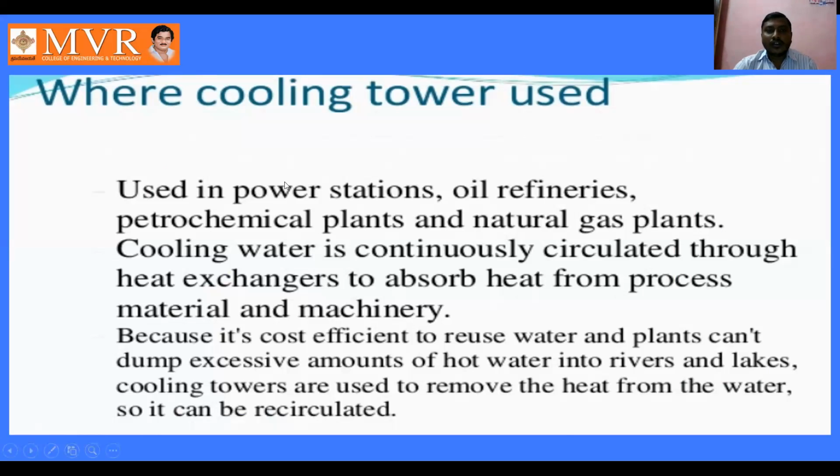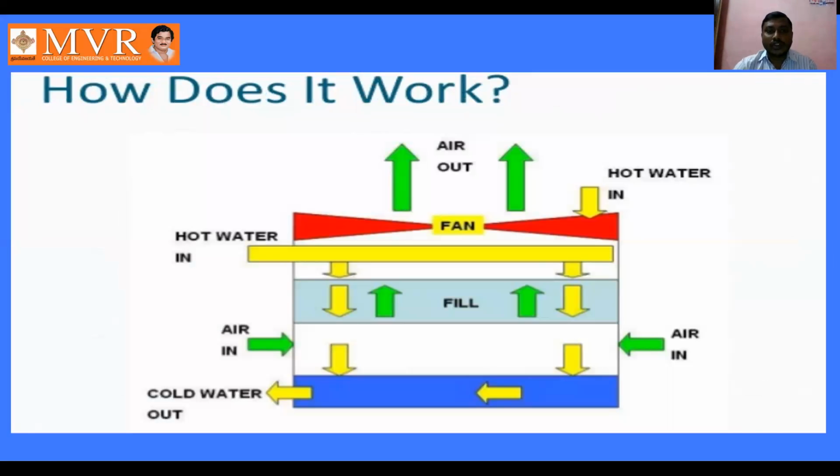Where is the cooling tower used? It is used mostly in power stations, oil refineries, petrochemical plants, and natural gas plants. Cooling water is continuously circulated through heat exchangers to absorb heat from processed materials and machinery. This is how it works.